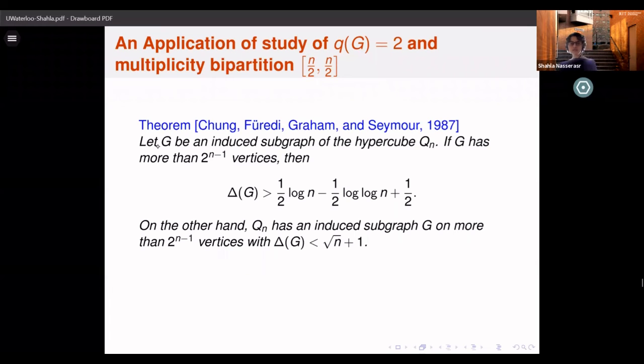And they also showed that there is an induced subgraph of the hypercube such that the maximum degree of that induced subgraph is at most the square root of n plus 1.